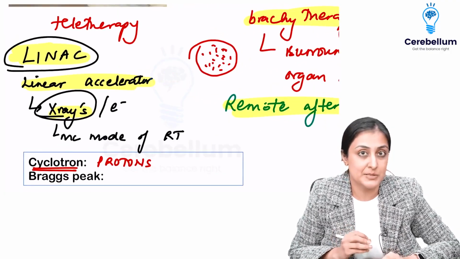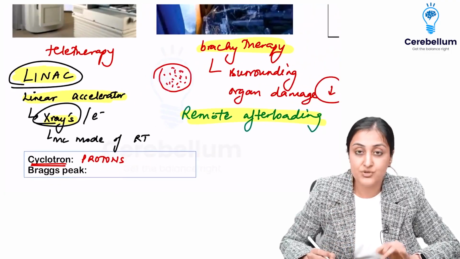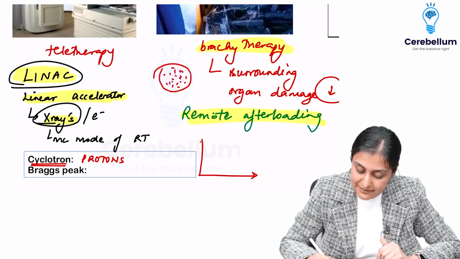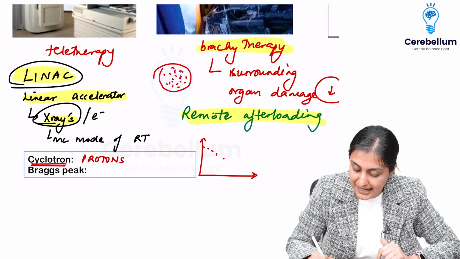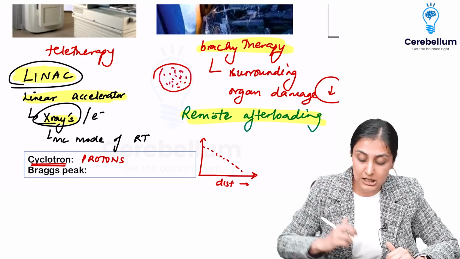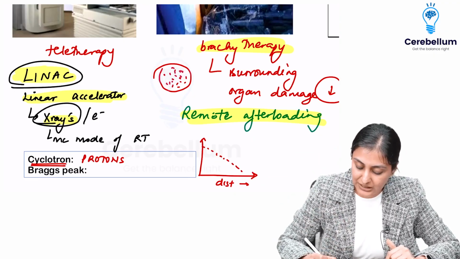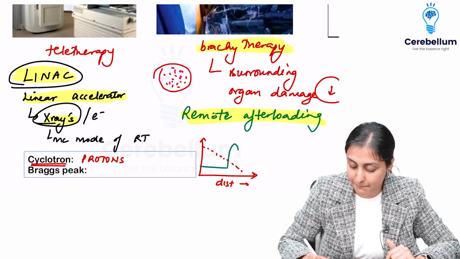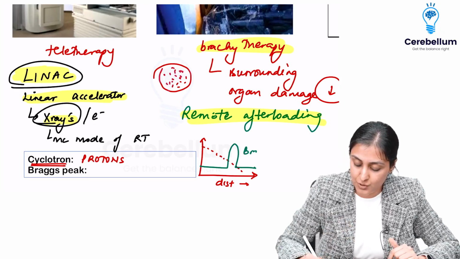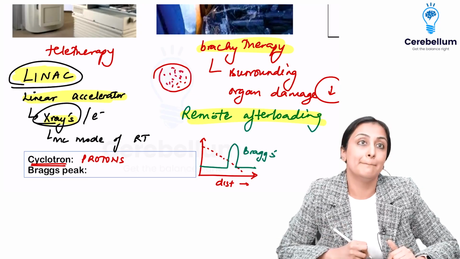Now, why so expensive? It is expensive because of its special property. See, X-ray, gamma rays, everything else has this property that as the distance from the tumor increases, the effectivity keeps decreasing. But protons have a very unique effect. They have a big peak deep into the tumor. This peak is what is called as the Bragg's peak.